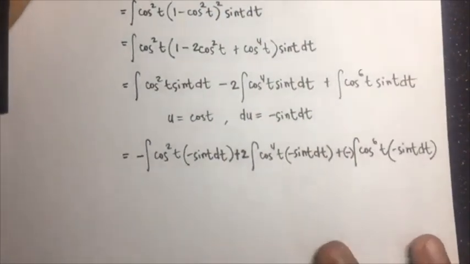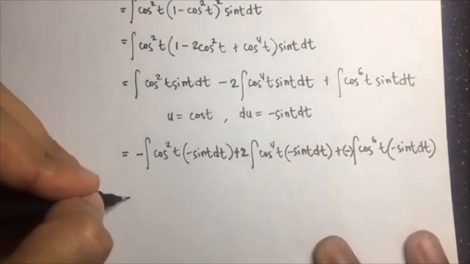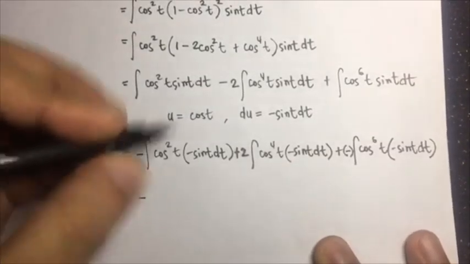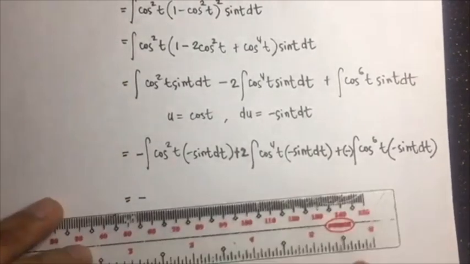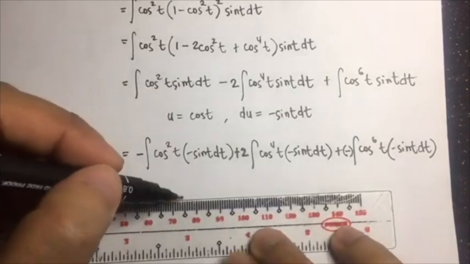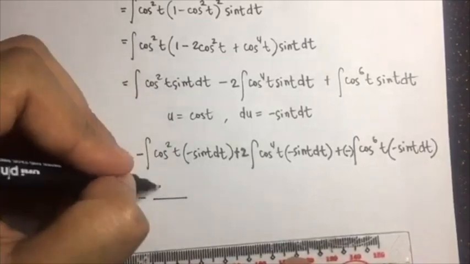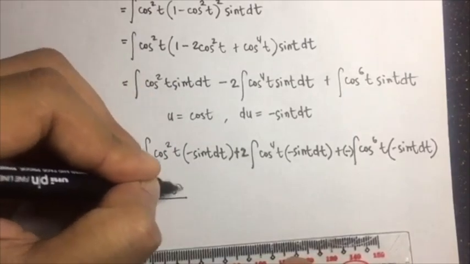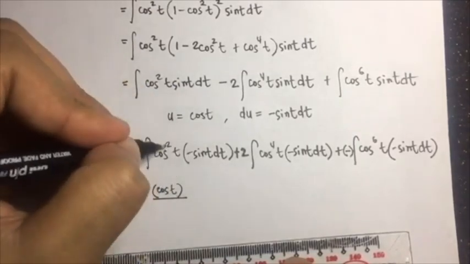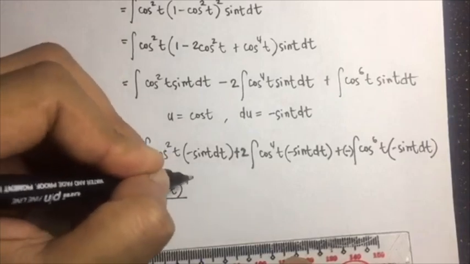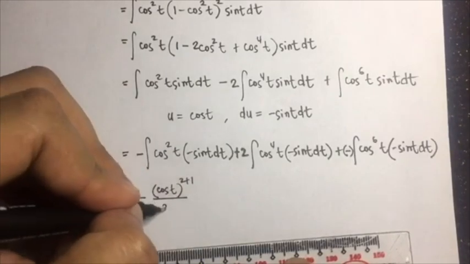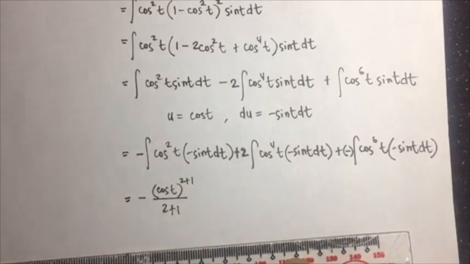Okay, so using the power formula, this will become negative, u raised to n plus 1 over n plus 1. Our u is cosine of t raised to n plus 1, where n is equal to 2, so raised to 2 plus 1 over 2 plus 1.